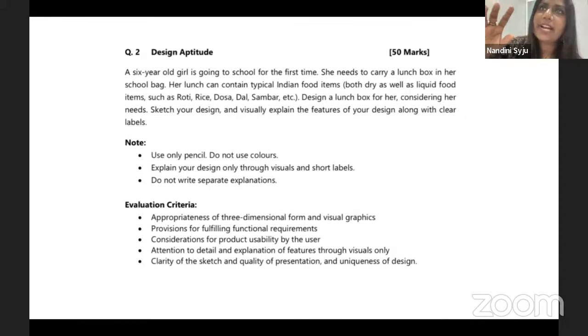And when you pair that with the right words, it can elevate your drawing to the next level, right? So sketch your design, visually explain the features of your design along with clear labels. So mainly you're going to talk about the main features or the main things you've added. Obviously, you're going to talk about if there is any kind of movement or hinge. You guys are going to clearly mention that.